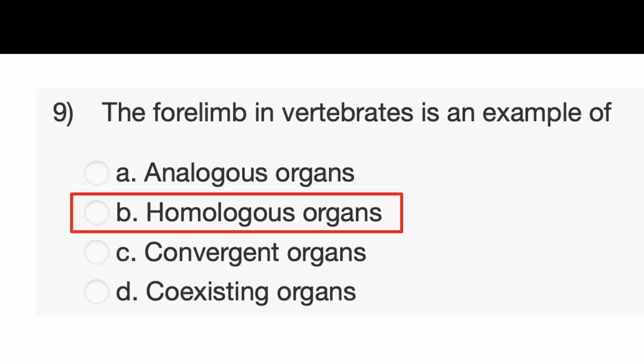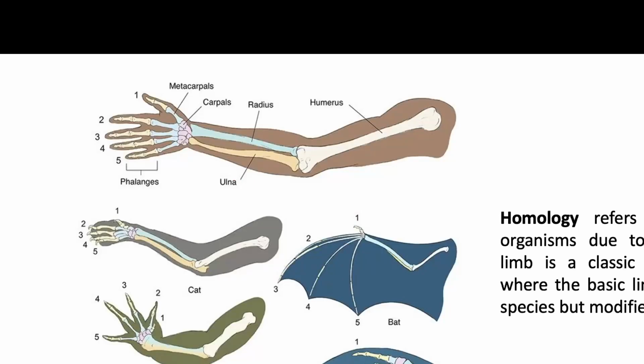Very good. Now let us look at what are homologous organs and how the vertebrate forelimb falls into this category. Now homology refers to similar structures in different organisms due to common ancestry. So let me break this statement down for you. What is homology? Similar structures but different organisms.